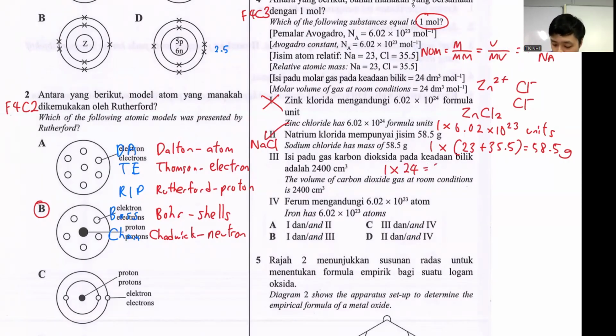So you get 24 dm cube. If you want to change to cm cube, multiply 1000. So you get 24000 cm cube, which is wrong because here has one less zero. So the third one is wrong.